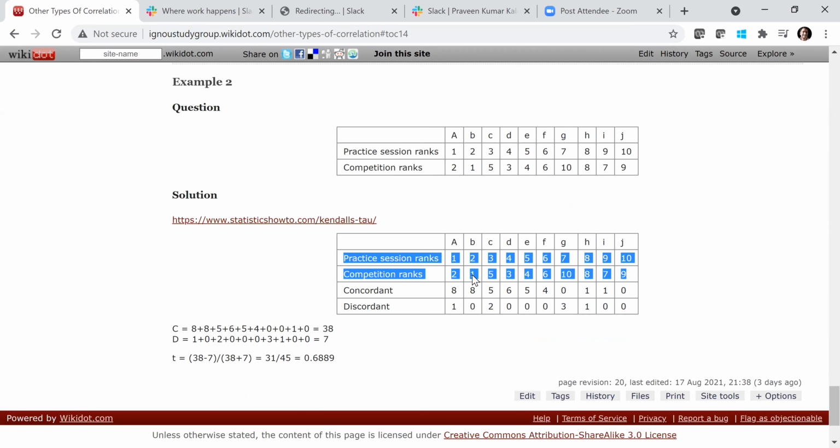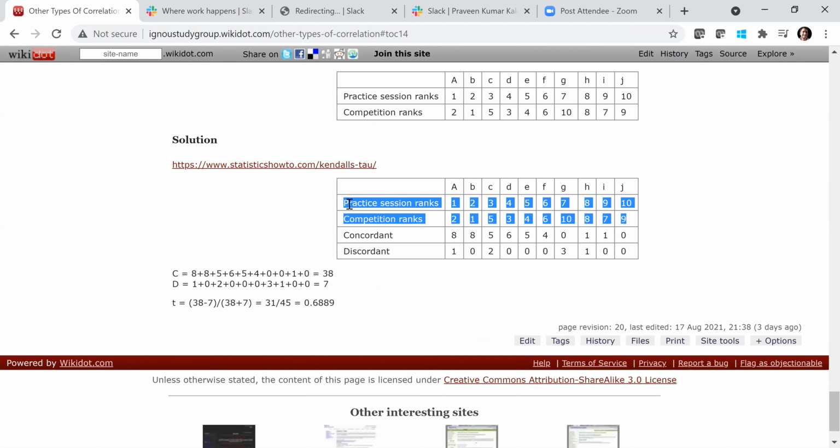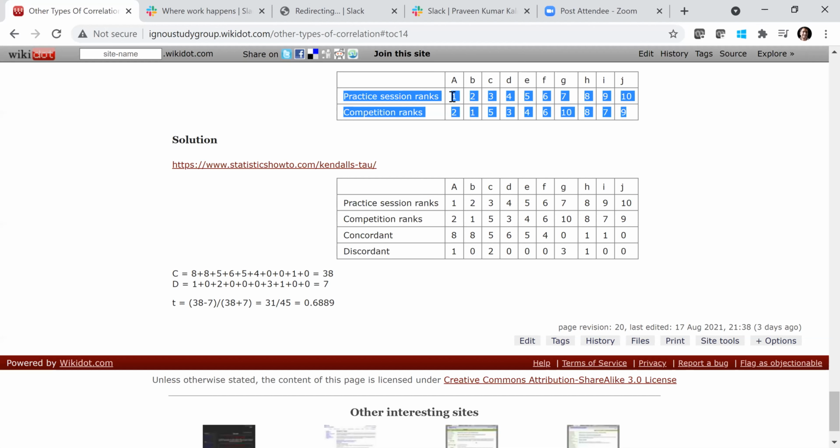What I'm going to do here is put these ranks in ascending order. Let's say I have two ranks, practice session ranks and competition ranks. These are pairs, right? You can see that student A got first rank in practice session and student B got second rank in competition.